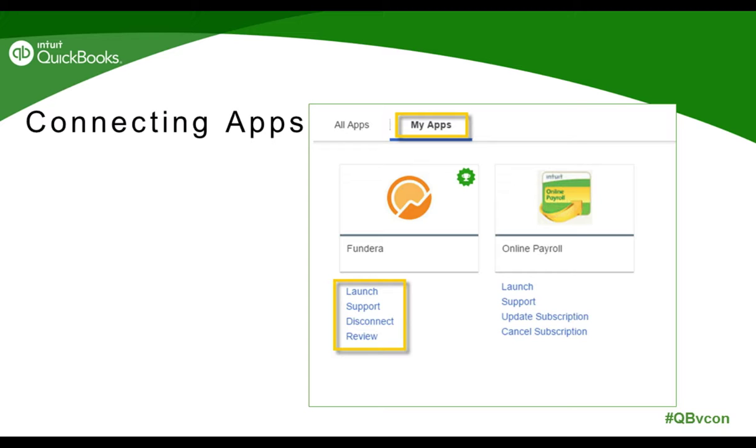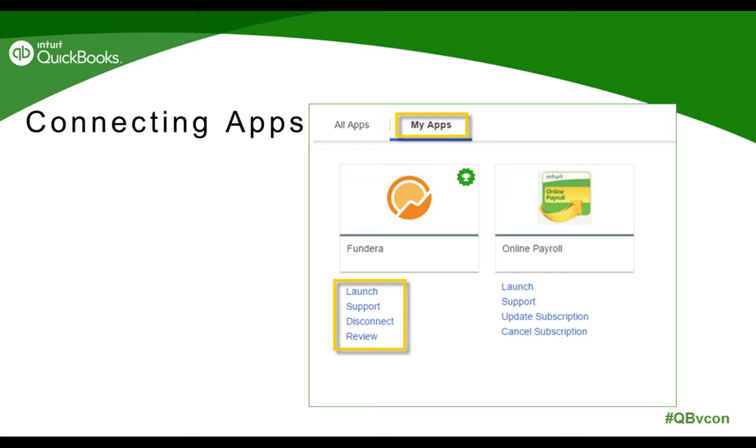And then once you do that, as I showed you before when we were in our live screen share, when I go to apps on my left-hand nav bar, I'll have the tab for my apps, and your apps will be listed there, and then you launch it, support it, disconnect it, or you can actually review it.